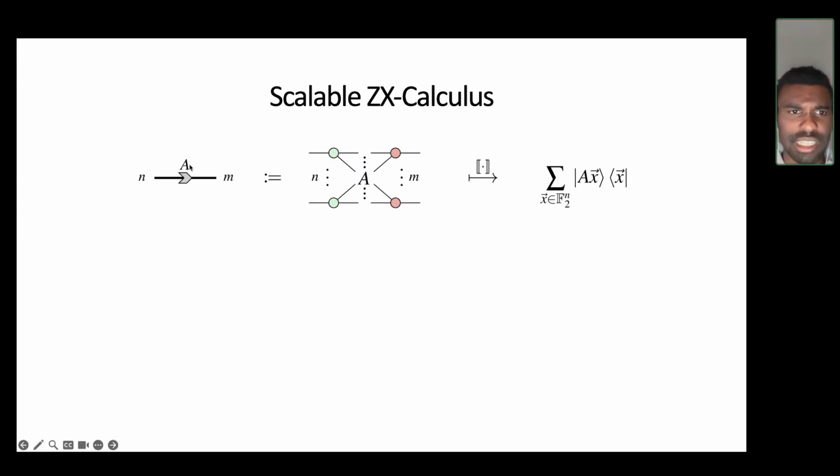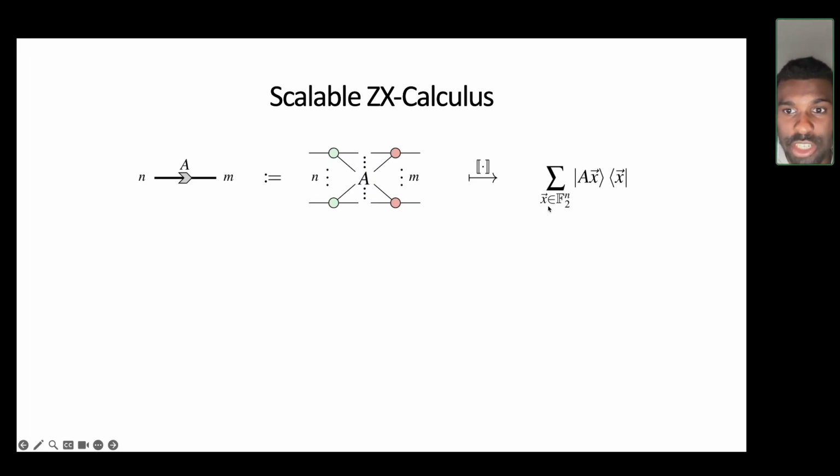So this A here is a matrix over the field with two elements. You remember how the basis vectors of the qubit space are given by bit strings of length n. So a bit string of length n can be thought of as a vector in the field of two elements to the n. So this x in F2 to the n means it's an n-long bit string of zeros and ones.